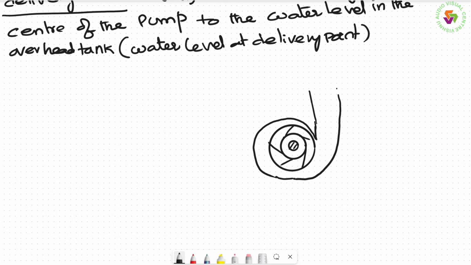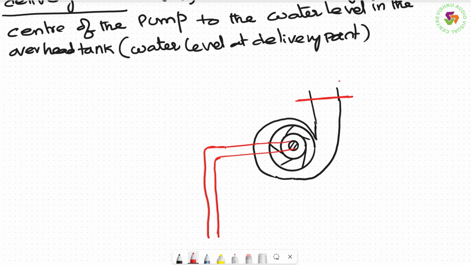This is the suction pipe which is connected, and this is the delivery valve.